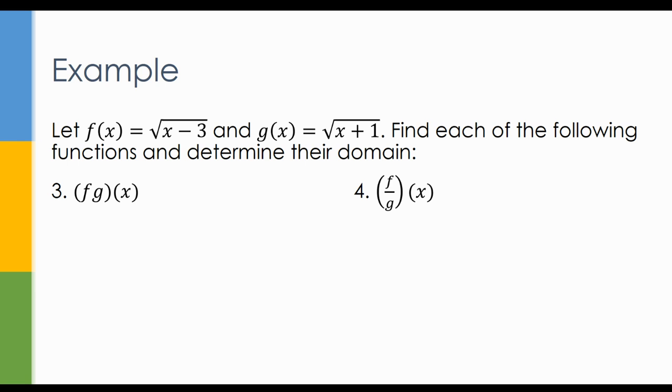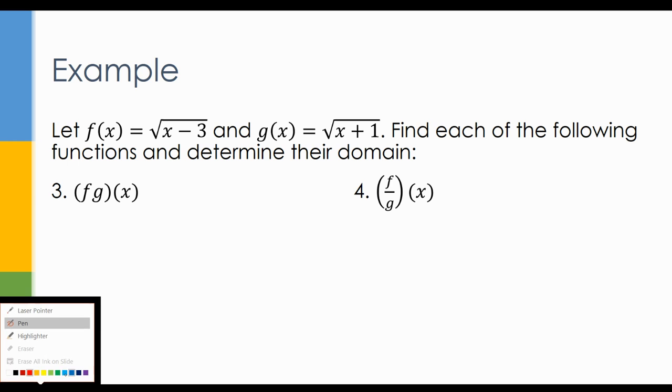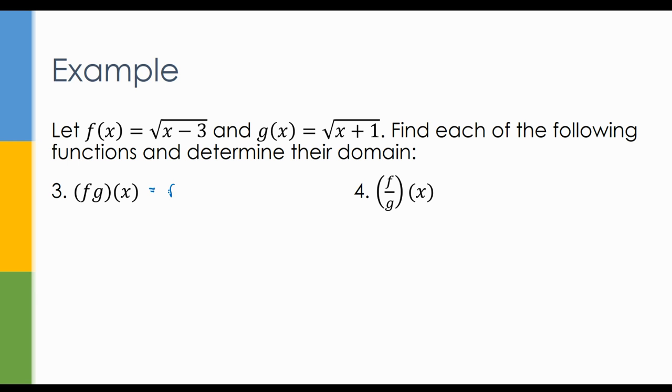So we want f of x times g of x. We're going to take the square root of x minus 3 times the square root of x plus 1.